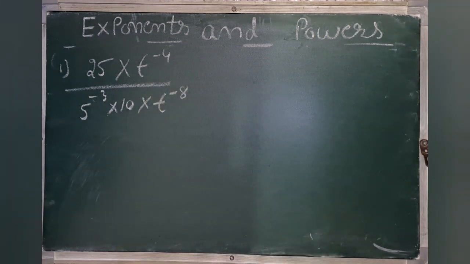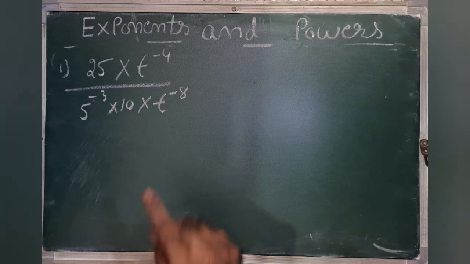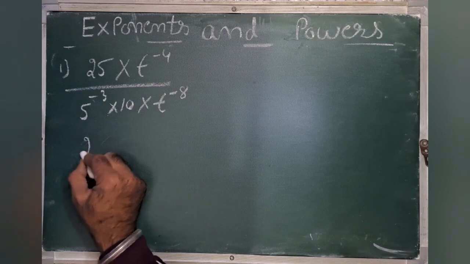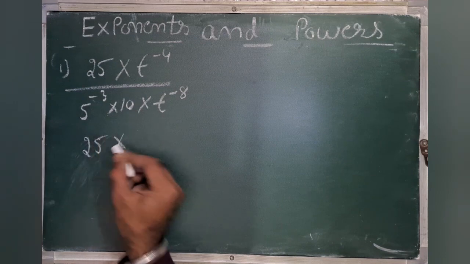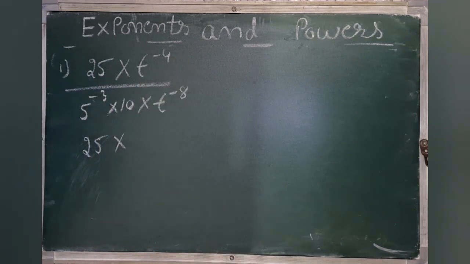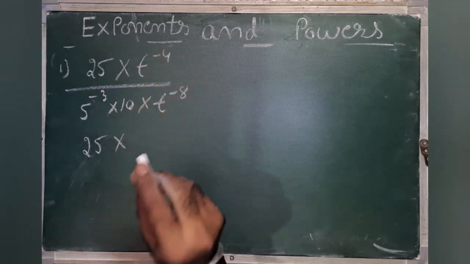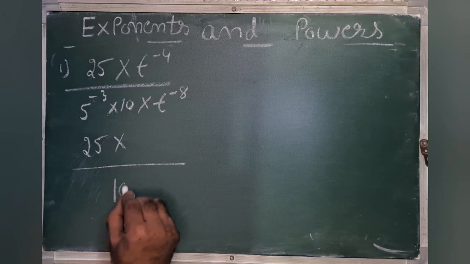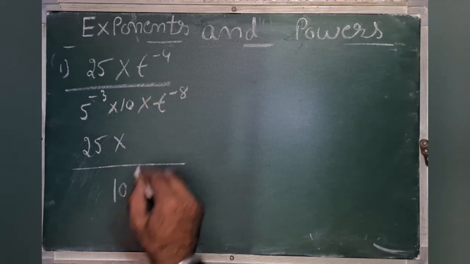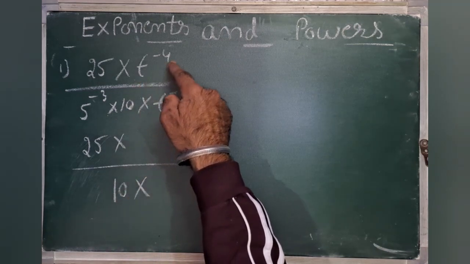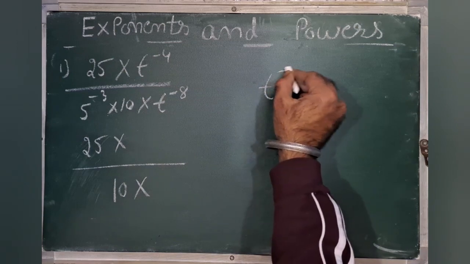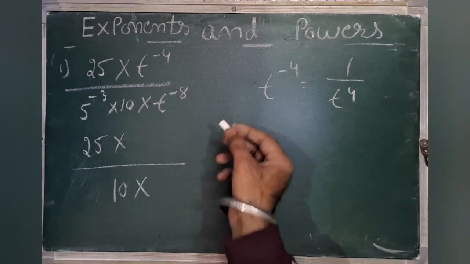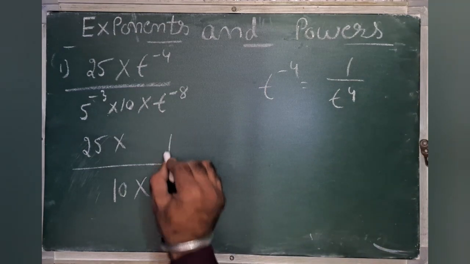In this first we will reciprocal the bases whose power is negative. तो सबसे पहले 25, we write 25, t पावर माइनस 4. सो हमें इसको क्या करना पड़ेगा, रेसिप्रोकल. डाउन साइड this 10 is positive, right, t पावर माइनस 4. सो इसको रेसिप्रोकल, t पावर माइनस 4 that means 1 upon t power 4. तो 1 upon t we write 1 upon t.